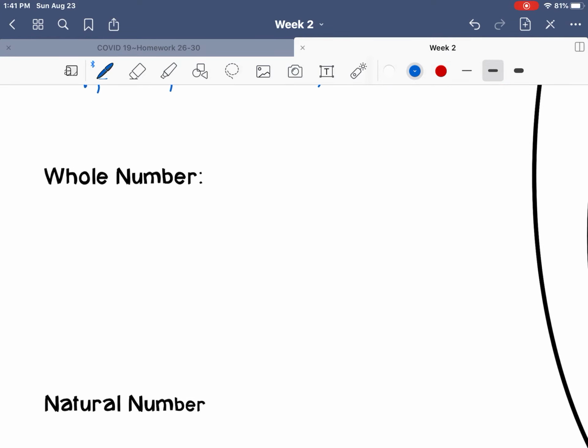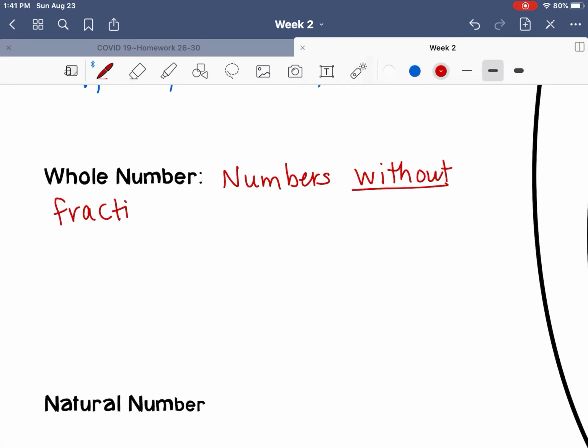Okay? The next set is even smaller still. This is the set of whole numbers. These are numbers without fractions. No fractions are whole numbers. Decimals. A decimal is not a whole number. It's a part of a number. And negatives.